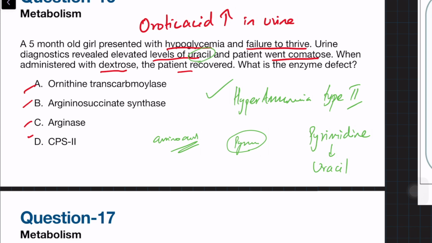But if you waste a lot of time on it, you will lose 2 more questions. That will be detrimental in achieving the 150 or the 200 score which you are aiming for. So if you don't have an important clincher and you're still not sure, just leave the question or go for a guess. Okay. So here the answer is ornithine transcarbamylase.